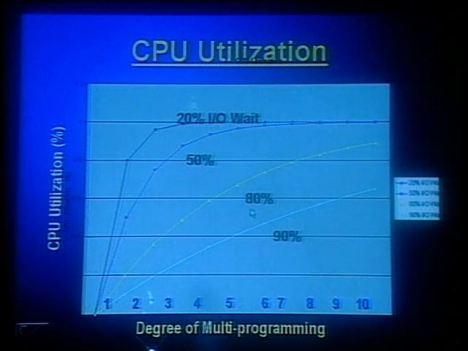If our I/O wait further increases to 80%, this curve shows us that we need an even larger number of programs to achieve a high degree of CPU utilization. And the last curve we see here is at 90% I/O wait. If our processes are highly I/O intensive, then we'll virtually need a large number of processes to achieve a higher degree of CPU utilization.